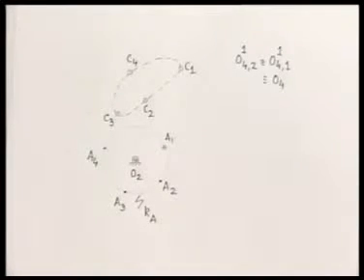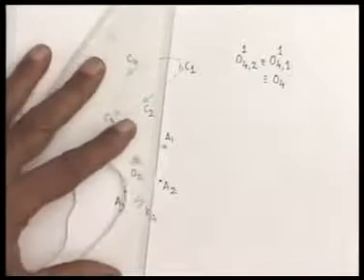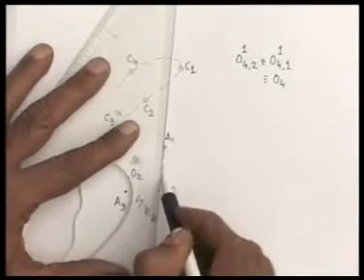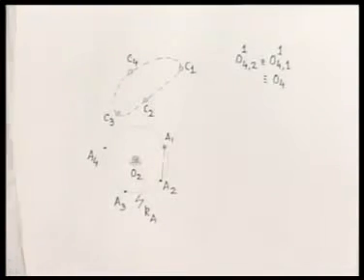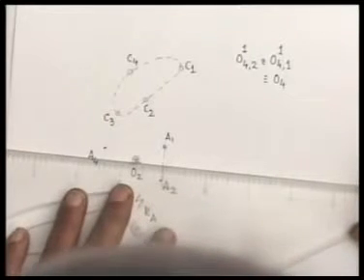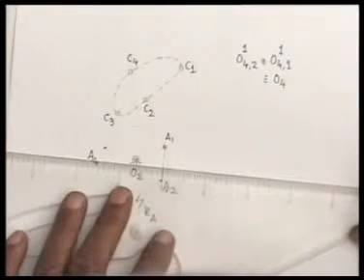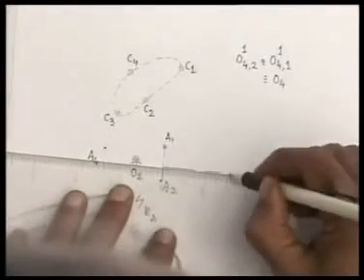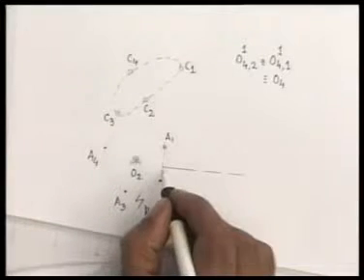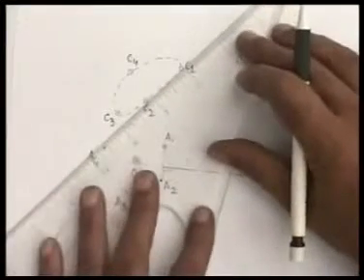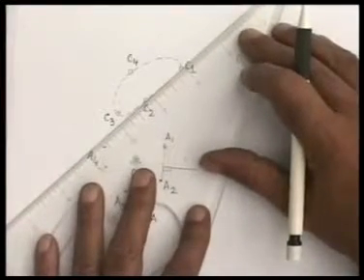Towards that end, as we know, we take the mid-normal of A1, A2. I draw the perpendicular bisector of A1, A2. This is the perpendicular bisector, and I draw the perpendicular bisector of C1, C2.